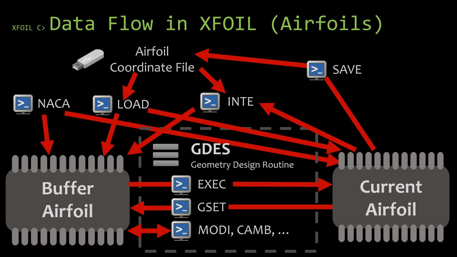You can take an airfoil coordinate file and the current airfoil in local memory, and you can use this interpolate command to merge or blend the two airfoils, and it spits it out right there in the buffer airfoil for you to either continue manipulating or whatnot.